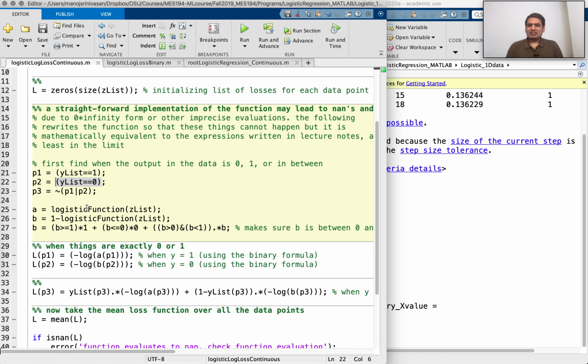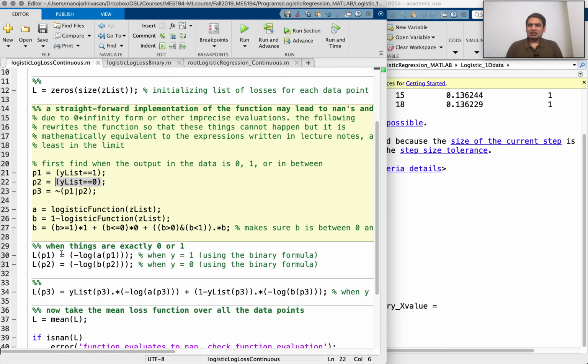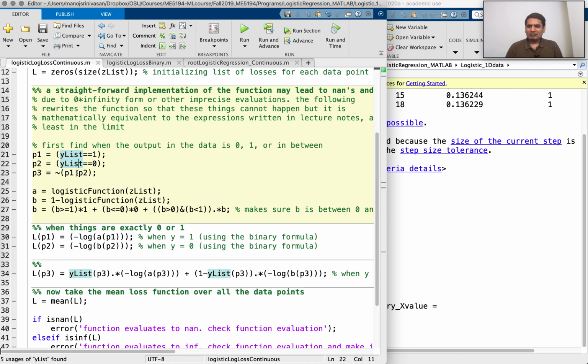So basically we evaluate the pieces of the total loss function and then use that when y equals 0 and y equals 1, and when y is neither equal to 0 or 1, we have this more complicated looking loss function expression, which we went over in the notes very briefly.